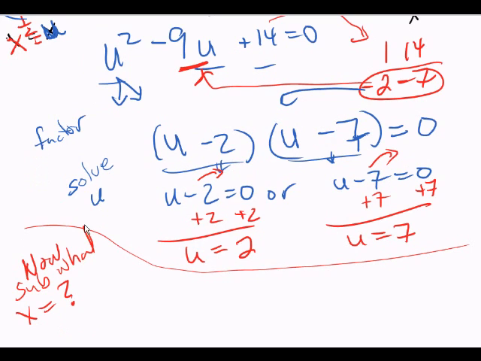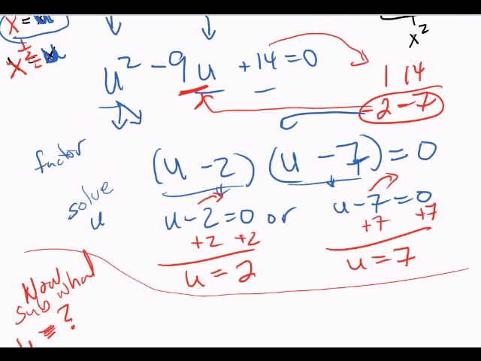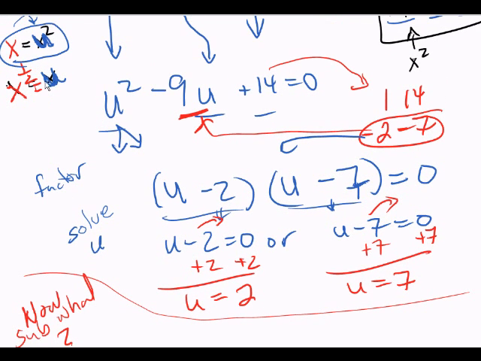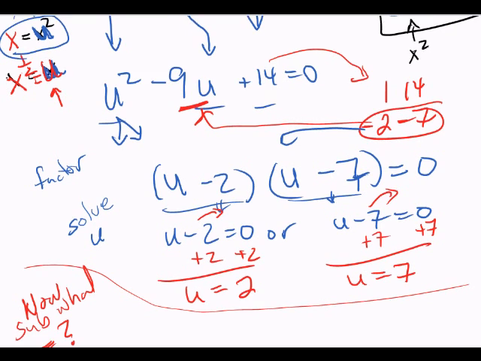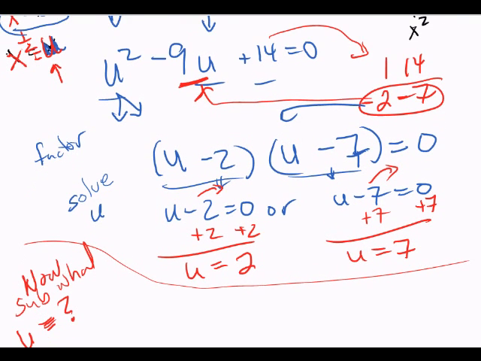Oh, wait. I'm going to change that wording. It says, now substitute what? I'm going to change that. Hopefully you didn't write it, or you're going to erase it now. What u equals. We want to substitute what u equals. And if we look up here, this is my u right here. u equals x to the 1/2.